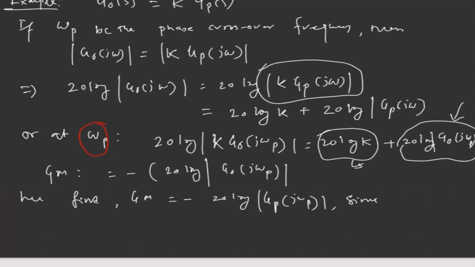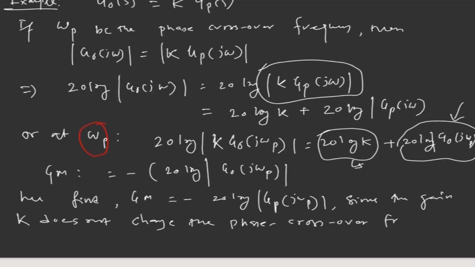The transfer function we can write here, since the gain K does not change the phase crossover frequency when the gain K is adjusted. So this is how we can find the gain margin in log scale.